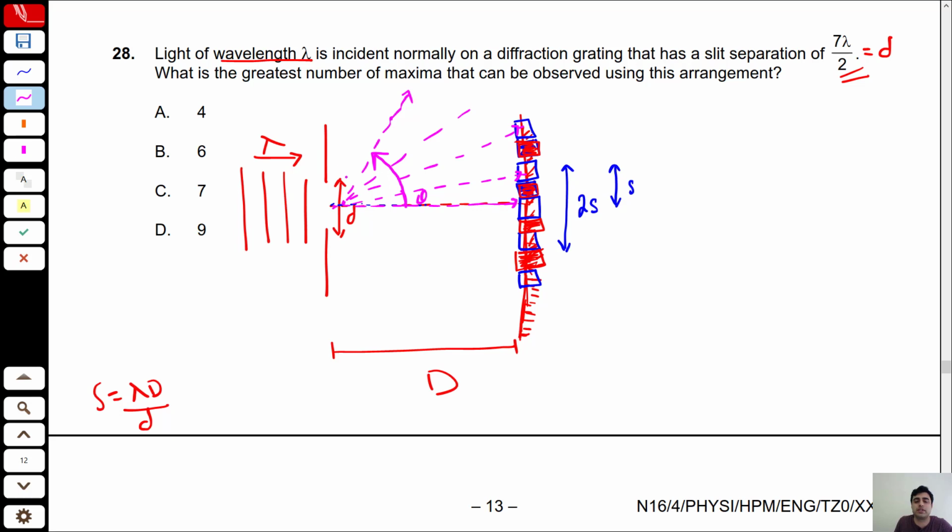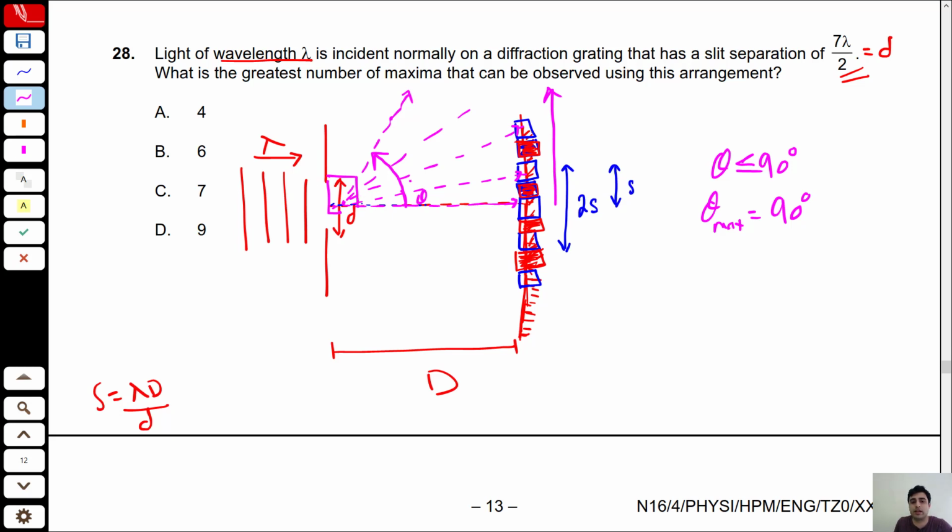Definitely, it will be smaller than 90 degrees if the fringes are supposed to be formed and projected on the screen. So theta has to be smaller than or equal to 90 degrees. The maximum possible diffraction angle on one side will be 90. So in order to find all the maxima on this side, we take the maximum possible diffraction angle theta to be 90.